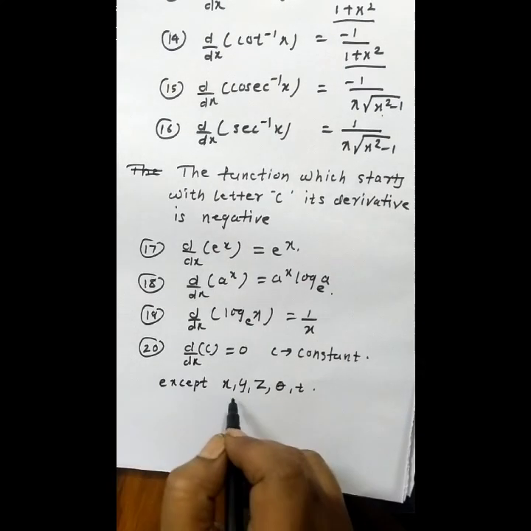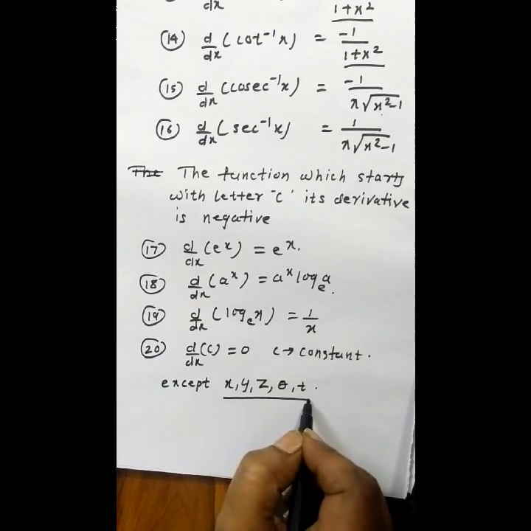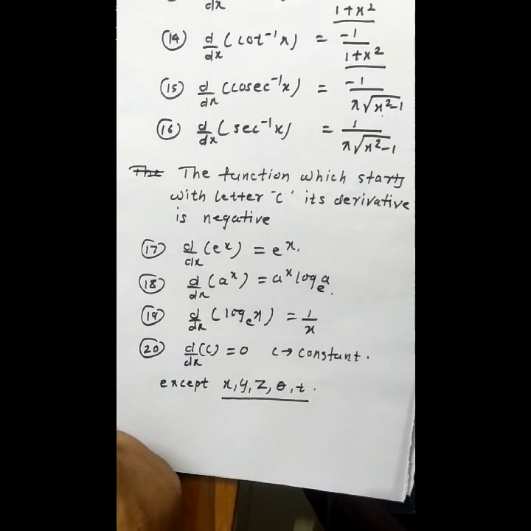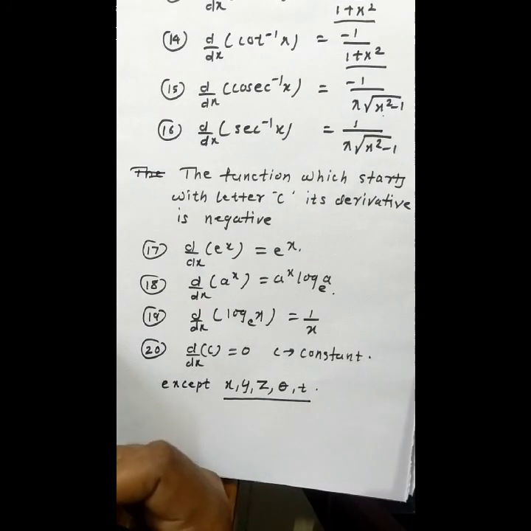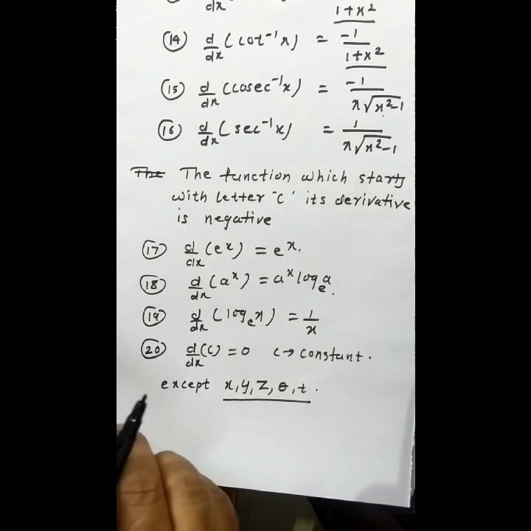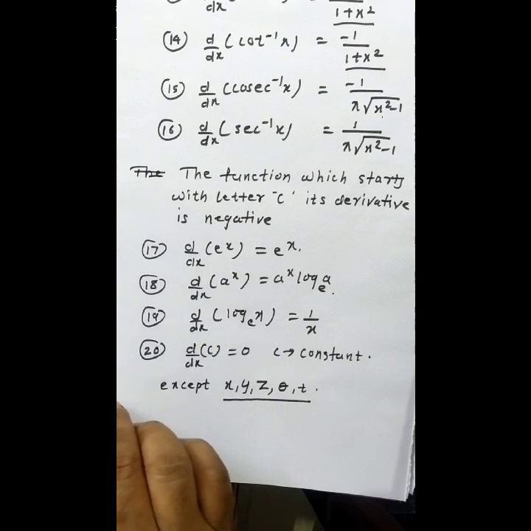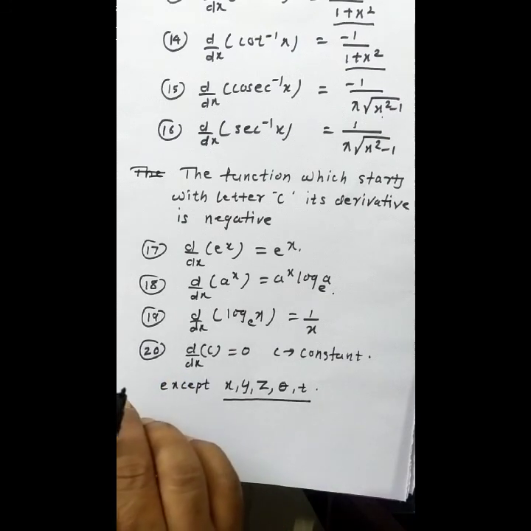This is very important. These x, y, z, theta and t are considered as variables. Apart from these, any alphabet can be considered a constant. It may be a numerical number or any alphabet like A, B, C, D. You have to consider it as a constant, and the derivative of a constant is always 0.